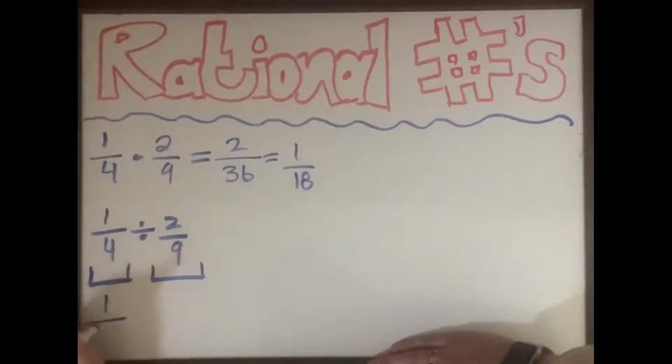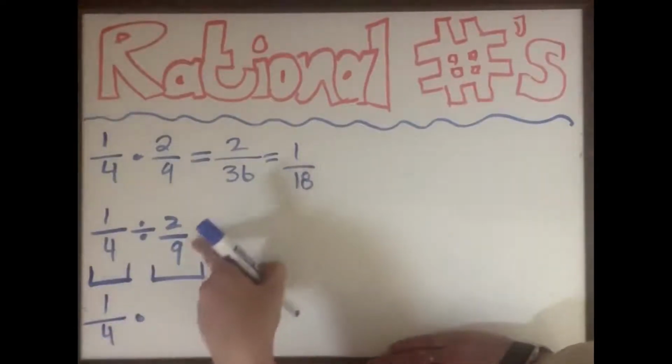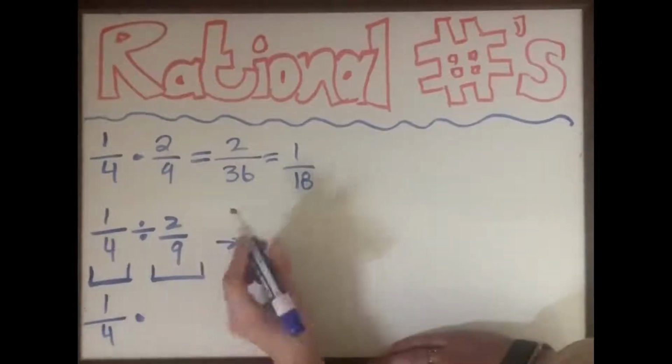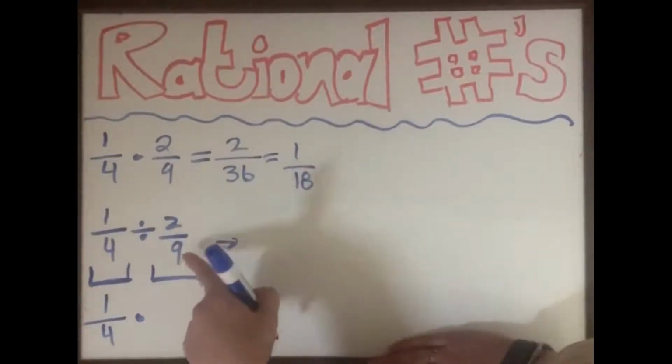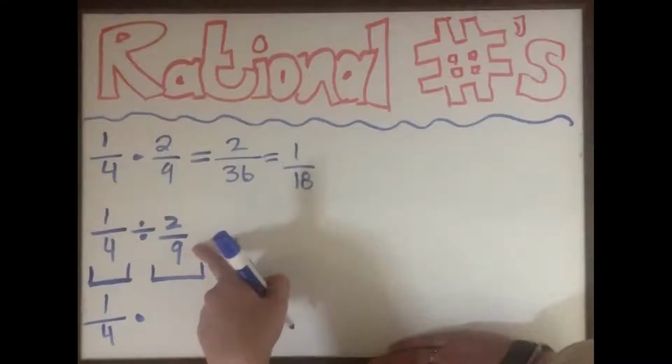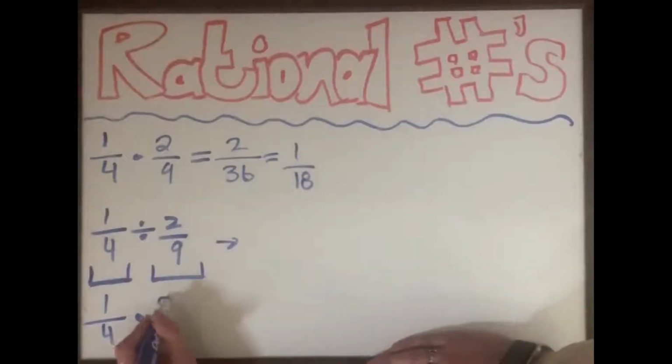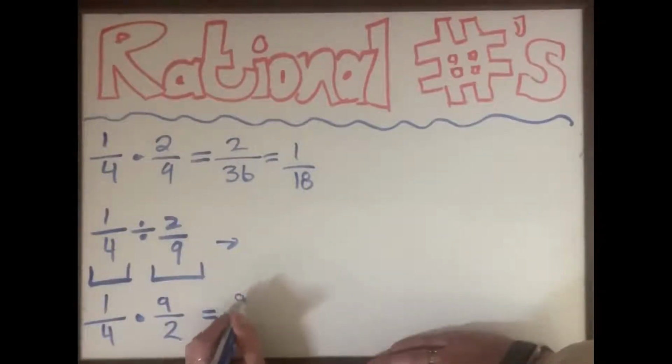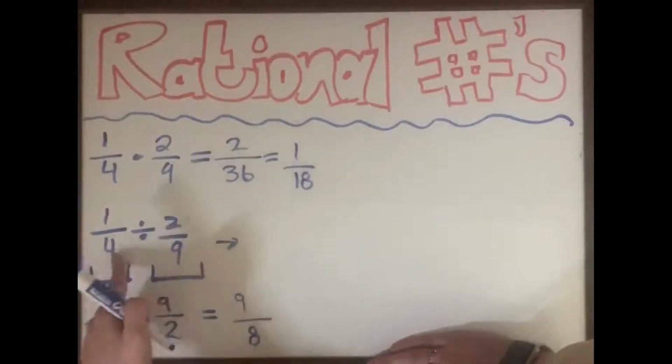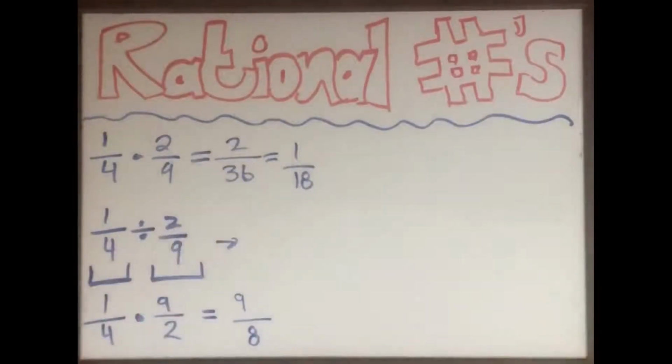So another way to write this is 1/4 times the reciprocal. And the reciprocal is just flip the numerator and the denominator. So it becomes 9/2. 1 times 9 is 9. 4 times 2 is 8. So 1/4 divided by 2/9 becomes 9/8.